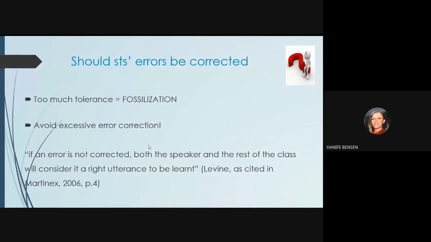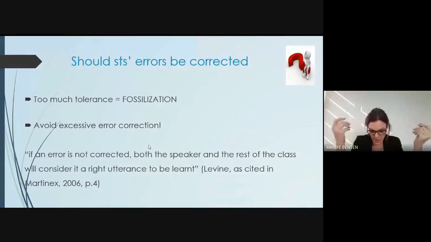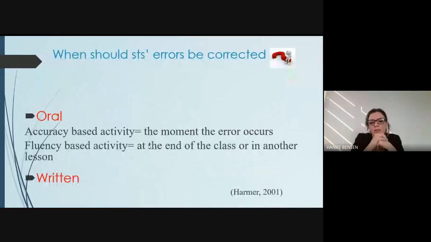What we should cover when we're thinking about errors is, when should learners' errors be corrected? So when is the right time to correct these students' errors? Now, we have two productive skills. One is speaking and one is writing. The other two, listening and reading, are our receptive skills. So students do not produce anything with regard to these skills.